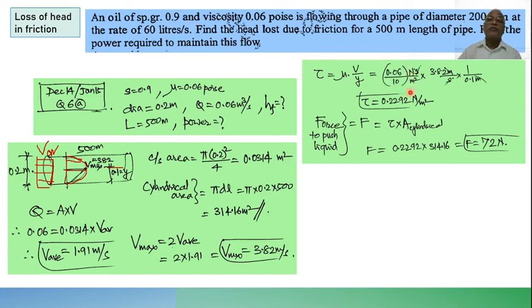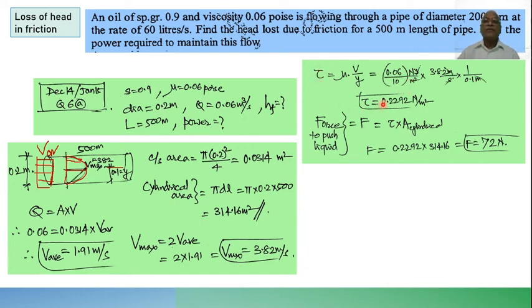Pascal is Newton per meter square, second is there. Into this mu is substituted here, into the maximum velocity 3.82 meter per second, divided by y, the distance, which is 0.1 meter. Now if you look at the units, second cancels off, meter goes off, what you will be left with? Newton per meter square, which is shear stress.